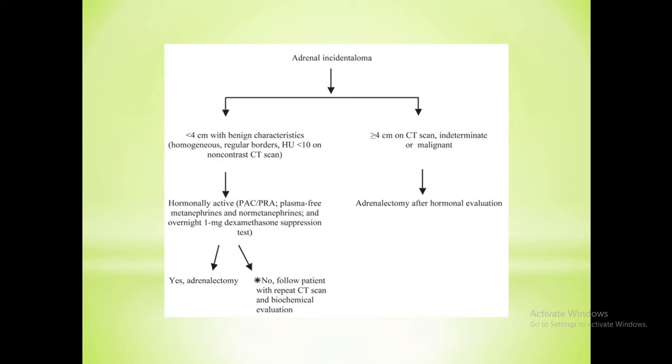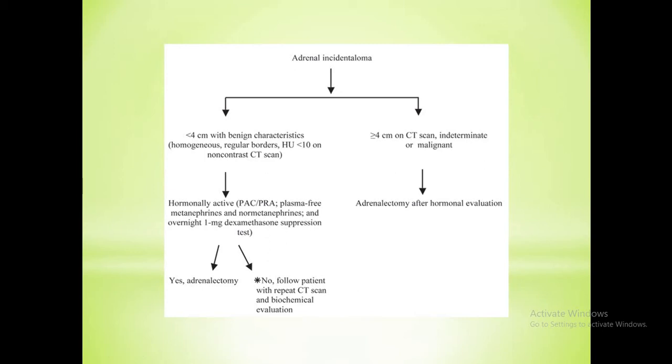So if less than 4 centimeter with benign characteristics, and if they are hormonally active, yes, you do an adrenalectomy. But if no, follow the patient with repeat CT scan and biochemical evaluation.